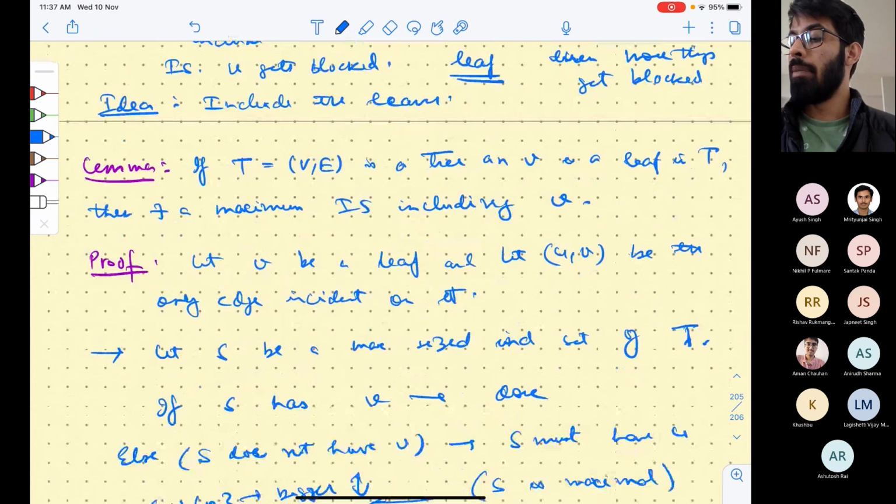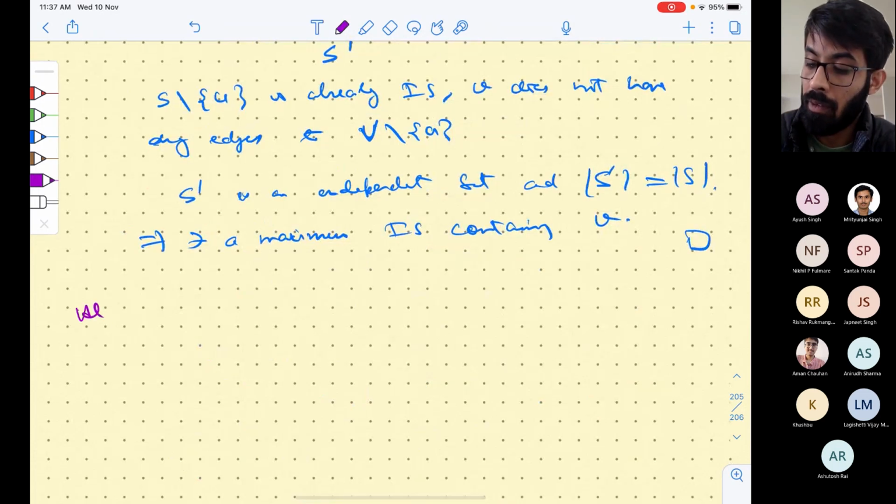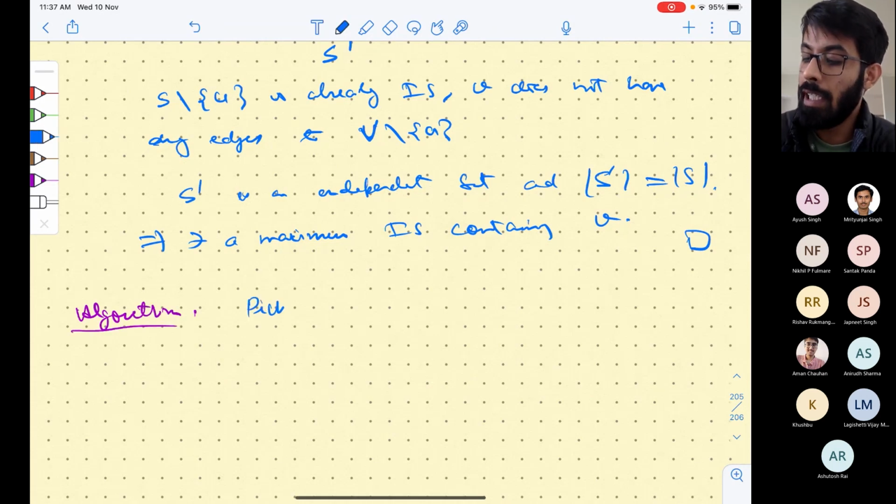So this can now easily be turned into an algorithm. And what will the algorithm do? I am not going to describe it in detail, but pick leaves one by one, delete their neighbors.